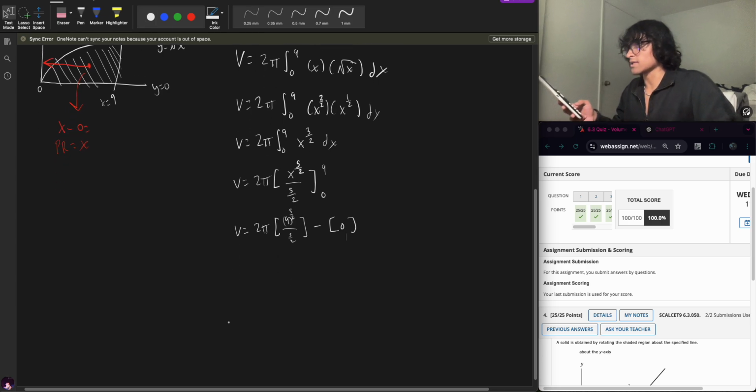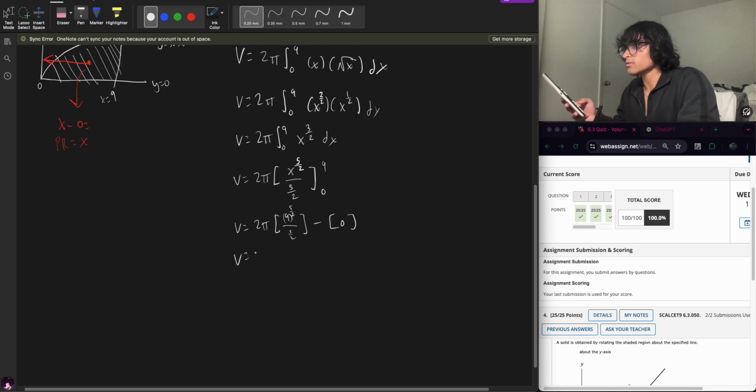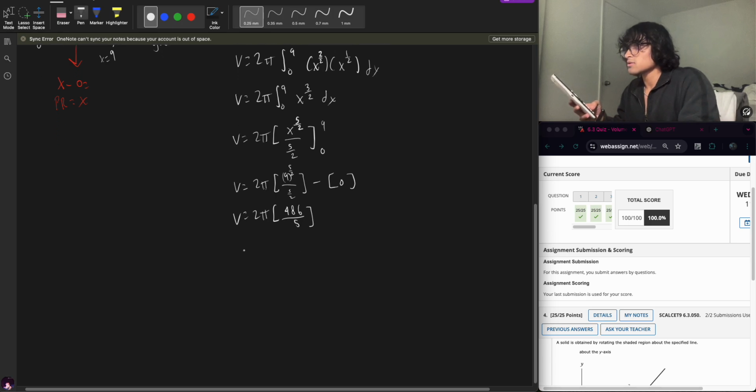So let's write that down. The volume equals 2 pi times 486 over 5. 486 times 2 is 972. So we'll have the final answer being 972 pi over 5.